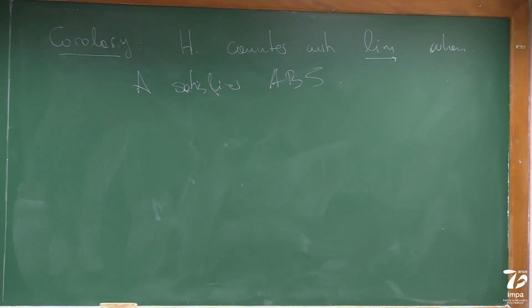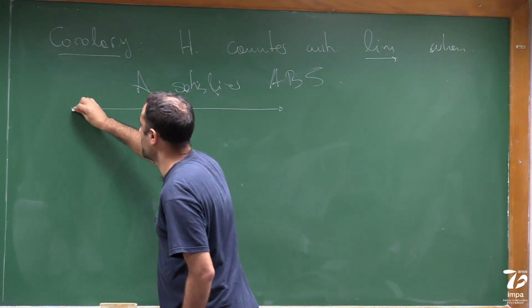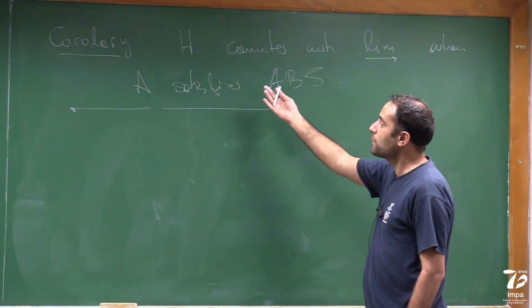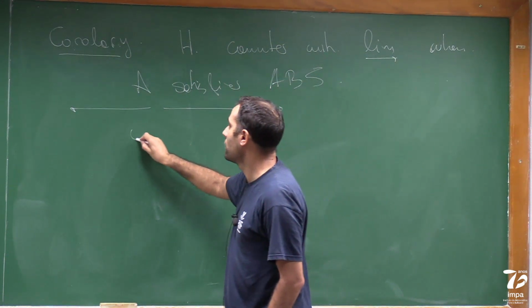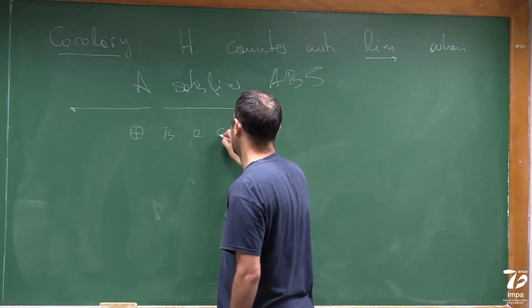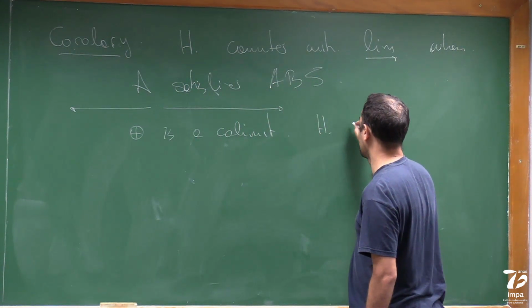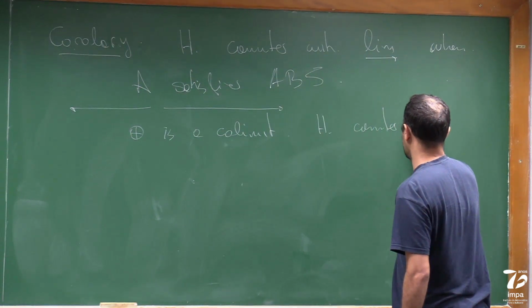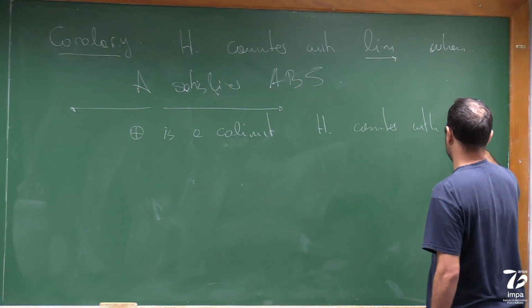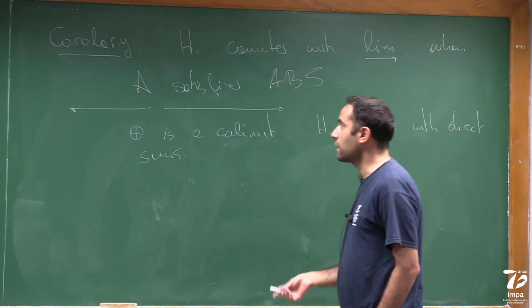Okay, so we know we have one category, which is our modules, and let's use this theorem. Notice that one particular case of this is the direct sum. Direct sum is a colimit. So homology commutes with direct sums. But this is a trivial example.